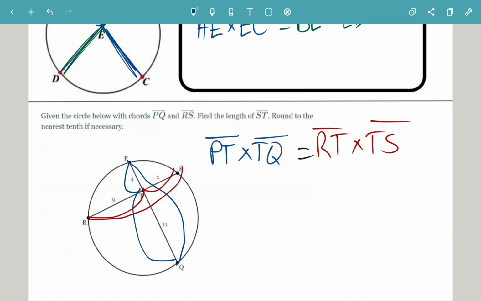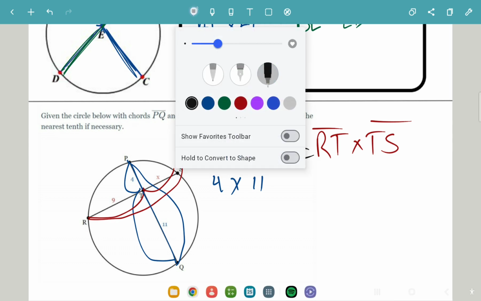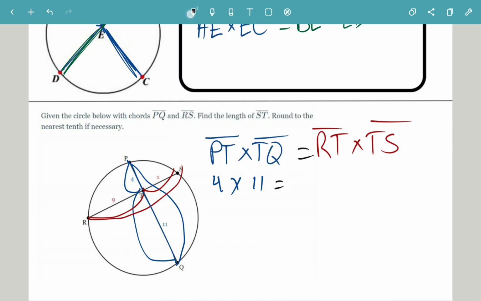Now we're going to plug in our known values. So PT is 4, TQ is 11, equal to RT is 9, and then TS is X. So we have 4 times 11 equals 9X.